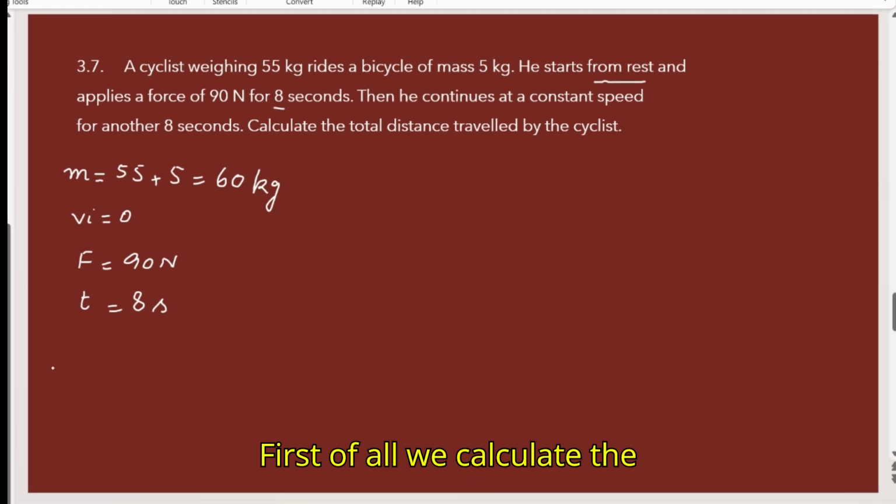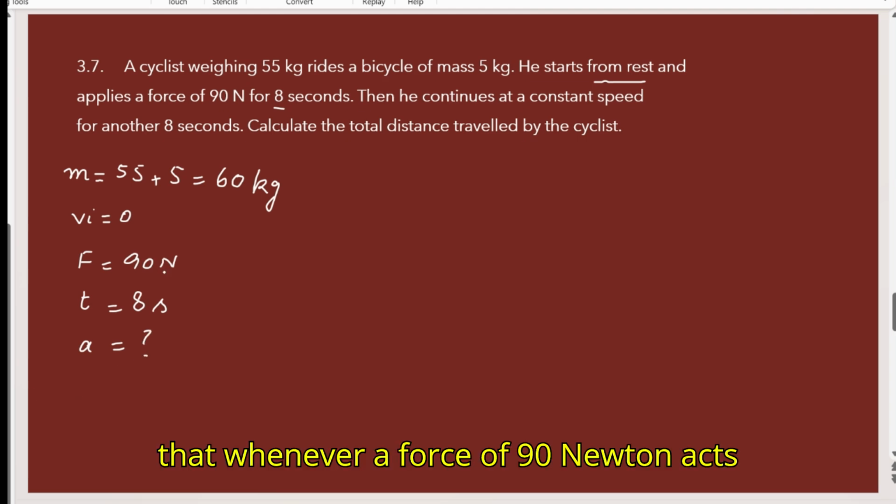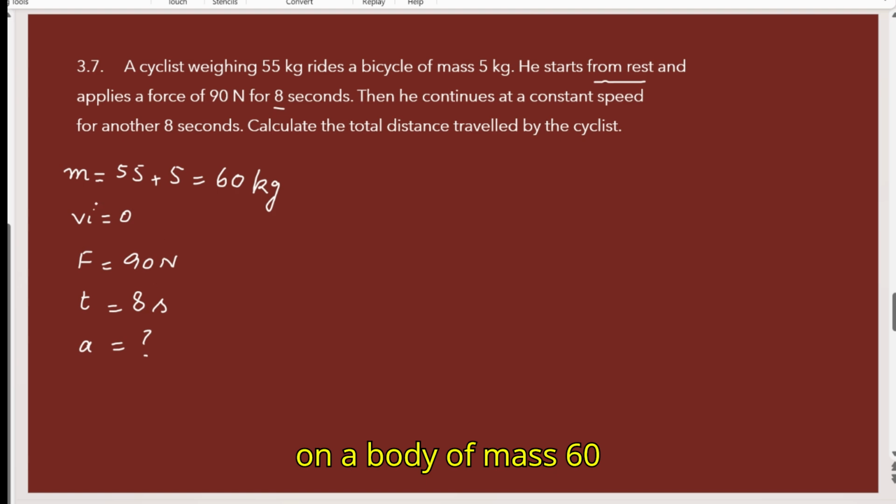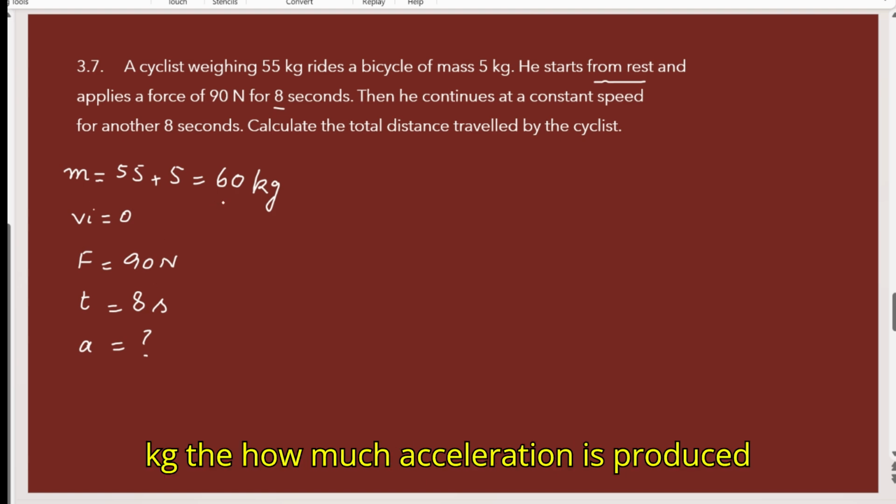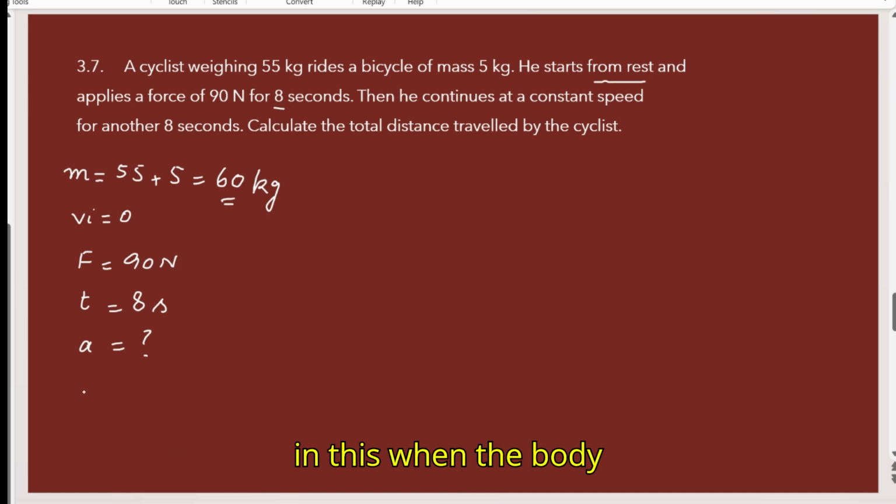First of all, we calculate the acceleration. Whenever a force of 90 Newton acts on a body of mass 60 kg, how much acceleration is produced in the body? That is, a can be calculated by dividing the force by mass, that is a is equal to F over m.